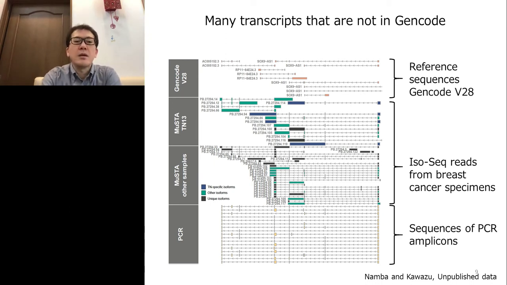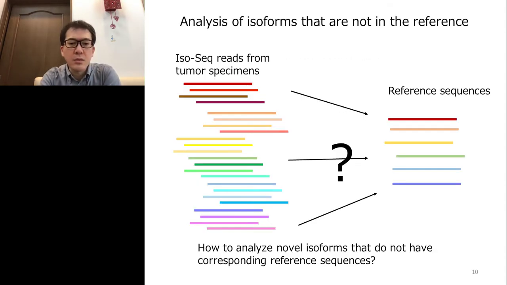So in this way, we have identified hundreds of thousands of isoforms that are not registered in Gencode. So the question is how to analyze these isoforms. In general, abnormalities in cancer genome are detected by comparing the detected sequences with reference sequences.